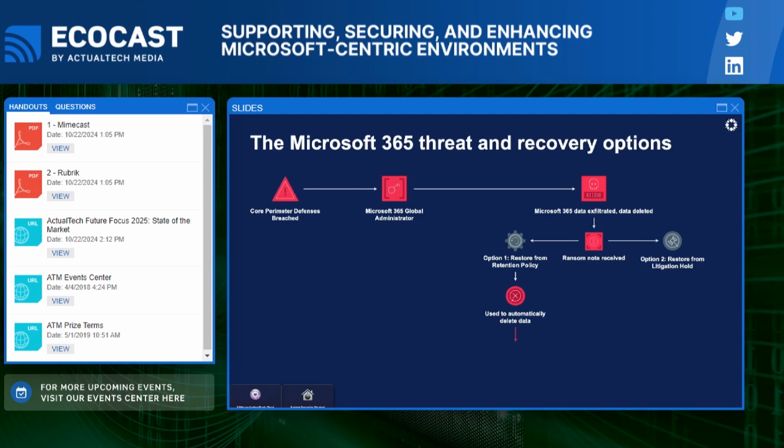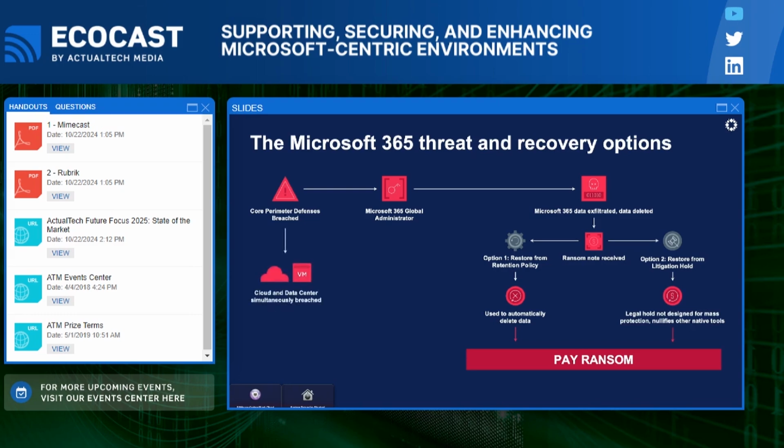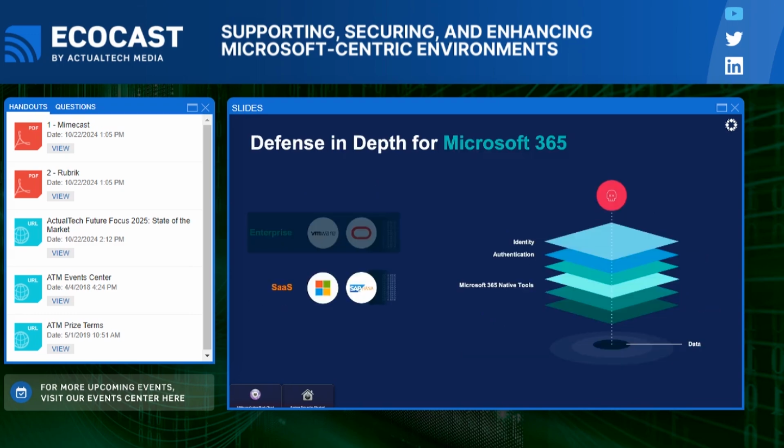It's really not a viable backup strategy, and there's no guarantee of recovery if you've been attacked. So then you're stuck negotiating or paying a ransom. And we're noticing that potentially other cloud accounts as well as data centers are breached as well. So if you think about Microsoft 365's tools as part of your defense in depth strategy, you have identity and authentication layers. But those identity and authentication layers can be breached.